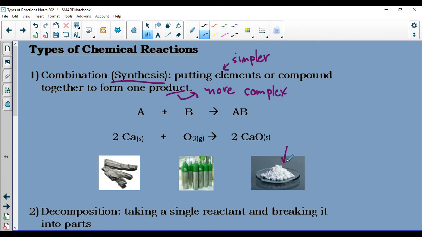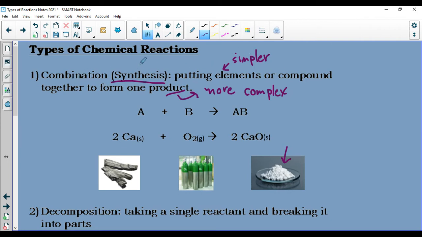Notice that the properties of this material, having this white powdery, brittle characteristic, is distinctly different than this pliable, malleable metal that we have over here. So the reaction or combination with oxygen distinctly changes the properties of the substance.